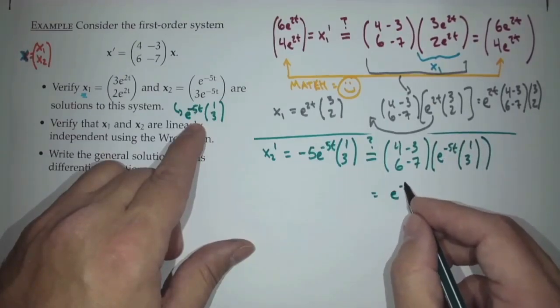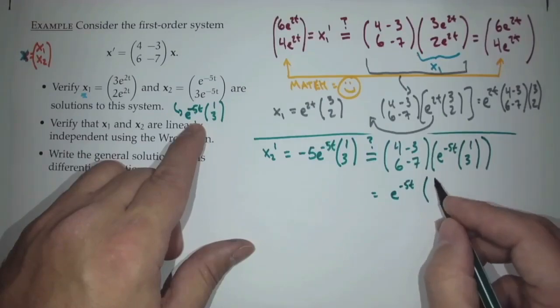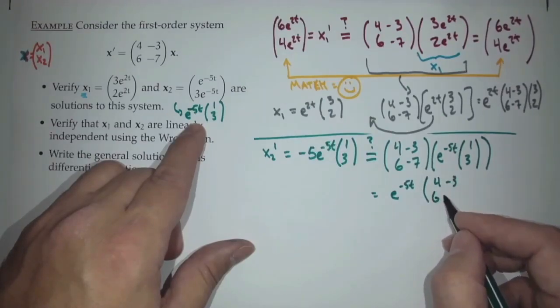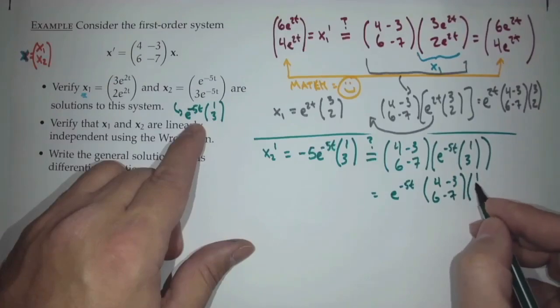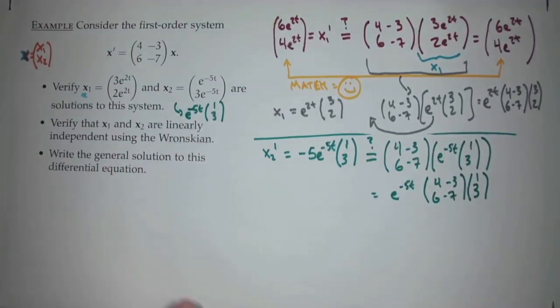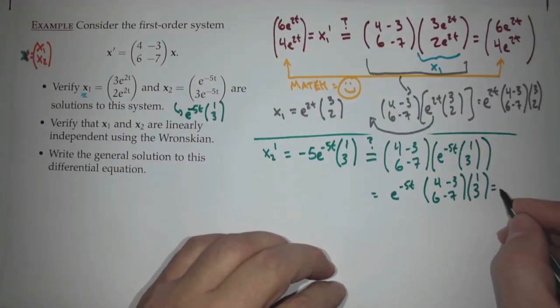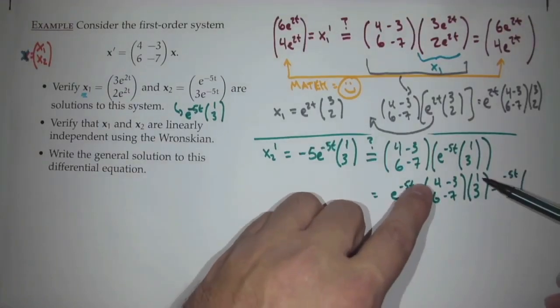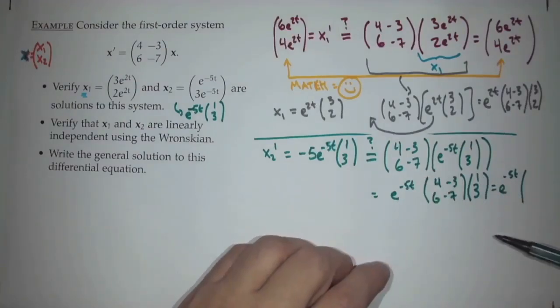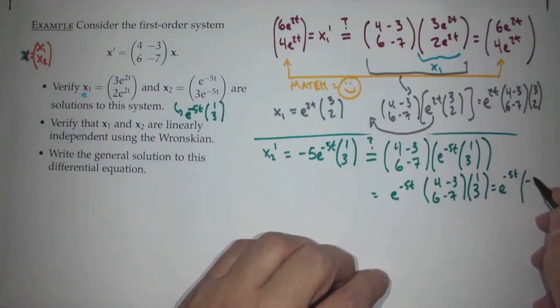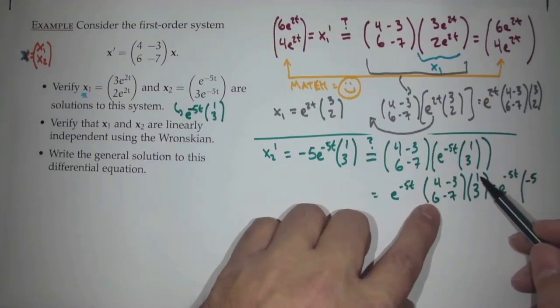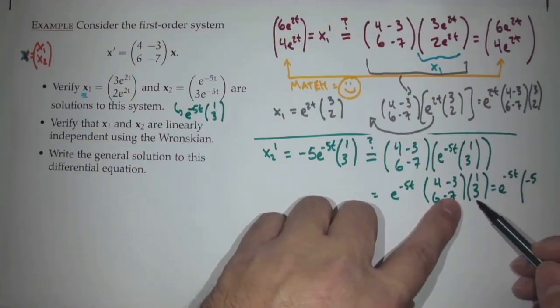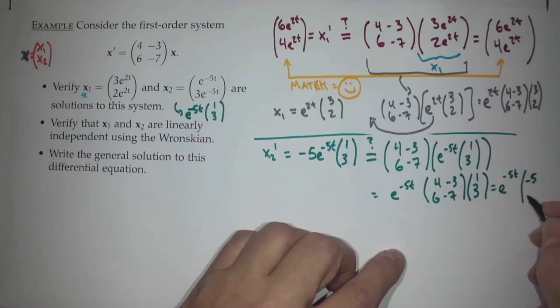Okay, well, that's e to the negative 5t times 4 minus 3, 6 minus 7, 1, 3. Well, okay, let's do that computation. So we're going to have 4 minus 9, negative 5, 6 minus 21, negative 15.